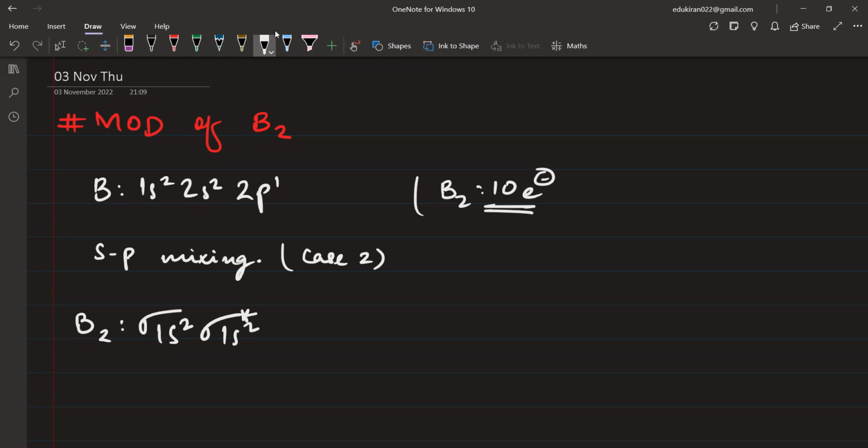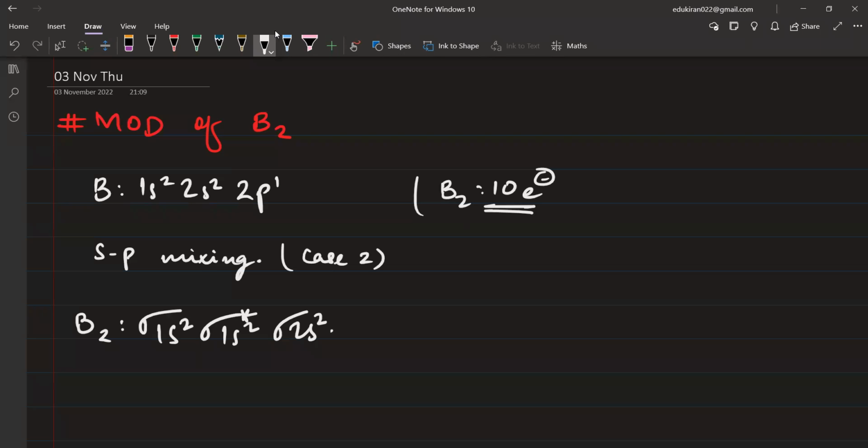Very good. If you repeat it now in class, you will not need to memorize it later, so please say these things in the class itself. Sigma 1s2, sigma star 1s2. After that, sigma 2s2.